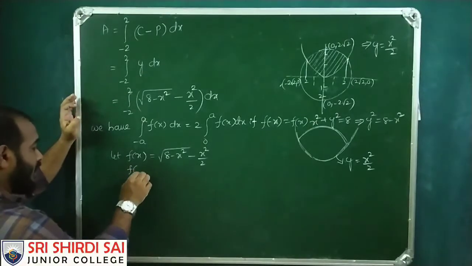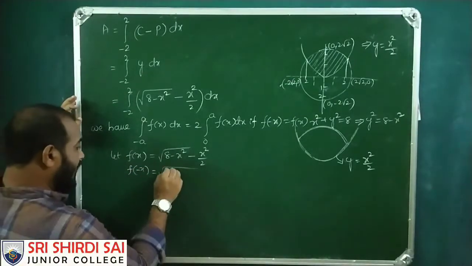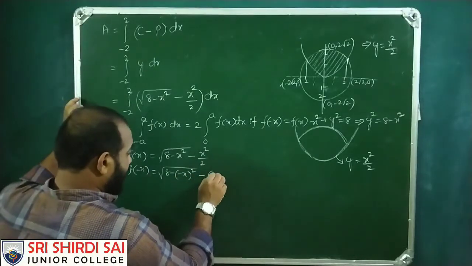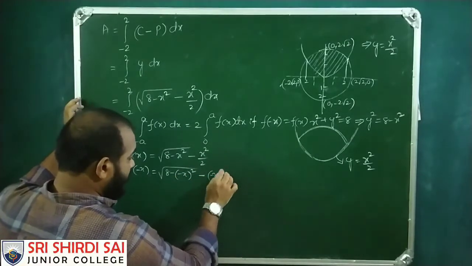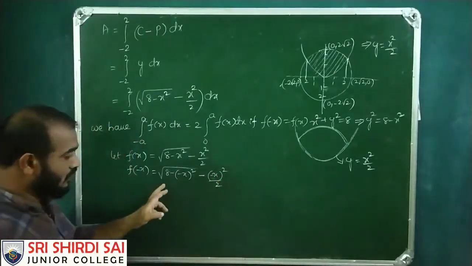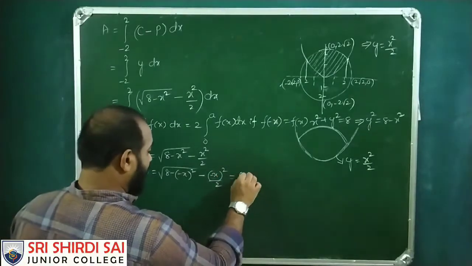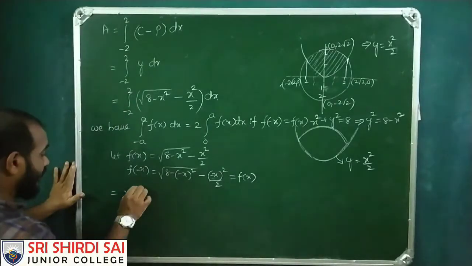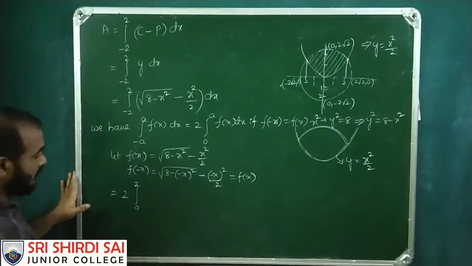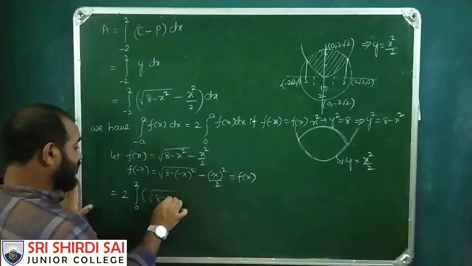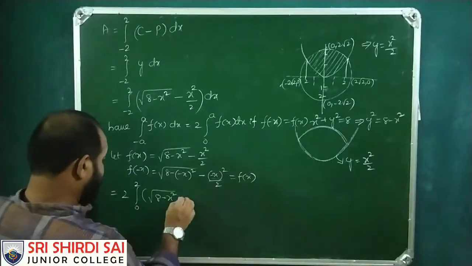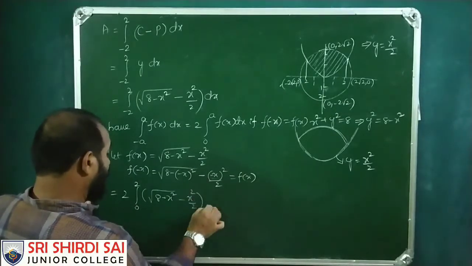Then f of minus x is also the square root of 8 minus minus x whole square, minus minus x whole square by 2. So it is going to be the same as f of x. Therefore, this can be written as 2 times the integral from 0 to 2 of (root of 8 minus x square minus x square by 2) dx.